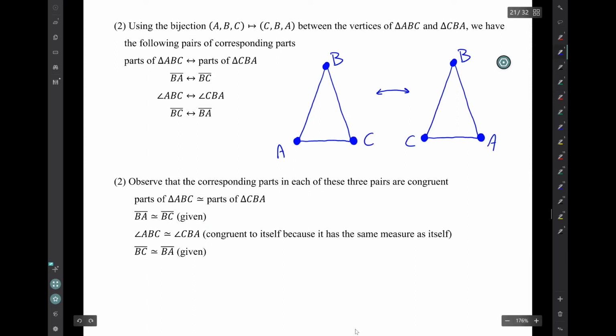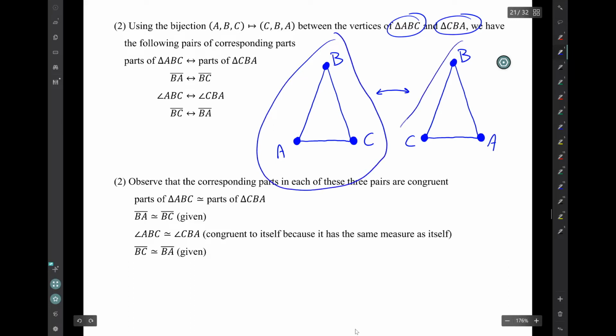Then we introduce a bijection between the vertices of triangle ABC and triangle CBA. The bijection is this: vertices ABC correspond to vertices CBA. So we imagine basically two copies of the same triangle. One copy is drawn this way, the other copy is drawn this way, but it's the same triangle.